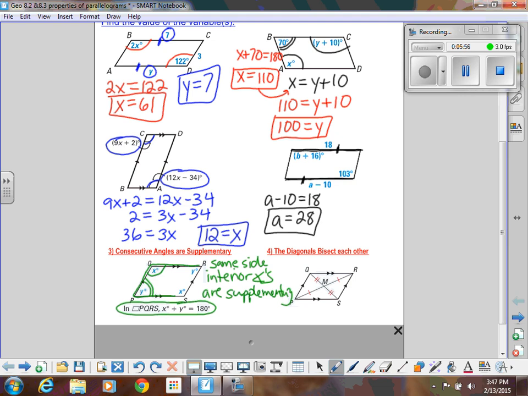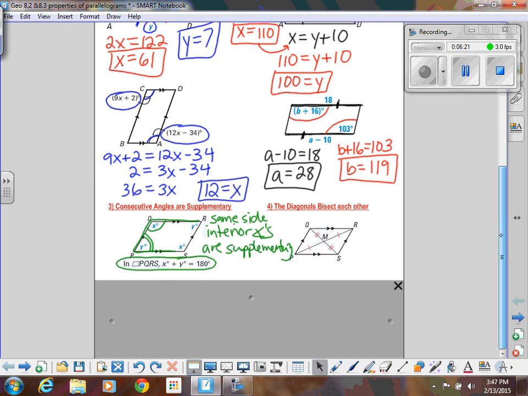Now for b plus 16, that is an angle, and that's going to be congruent to the angle opposite of it, which they gave us. So I know b plus 16 is equal to 103. So now we just subtract 16 from both sides, and we get b is equal to 119. So there's some examples of using those first three properties.